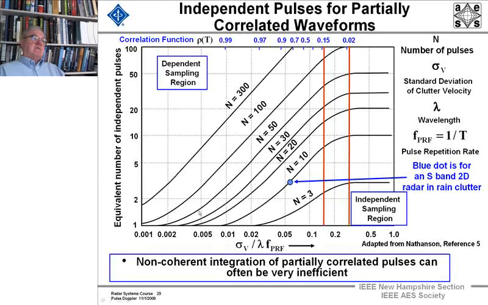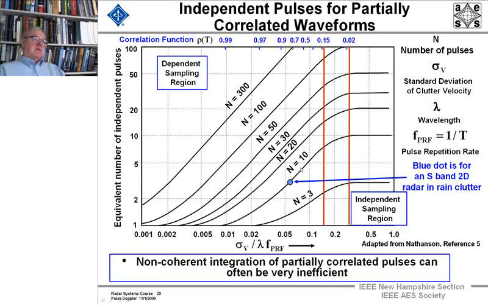So if I have, say for instance, this number, for the 10 pulses for the S-band 2D radar in rain corresponds to that, for the PRF and the width of the dot of the rain and the S-band frequency corresponds to that dot.